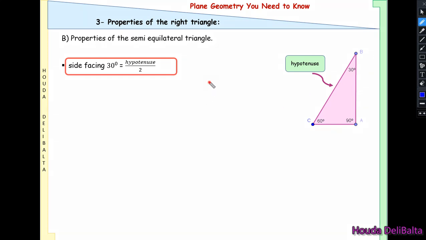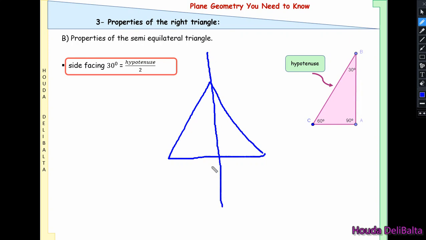Let's start. Here is an equilateral triangle. As I mentioned previously, the semi-equilateral triangle is half of an equilateral triangle. Let's say that here the angle is 30 because we divide it into two equal halves, so 60 is going to be divided into 30 and 30.